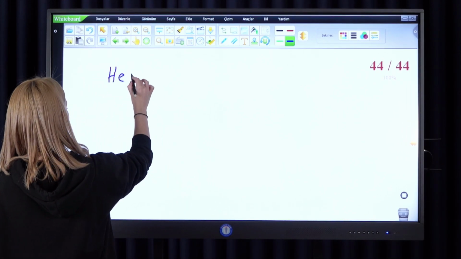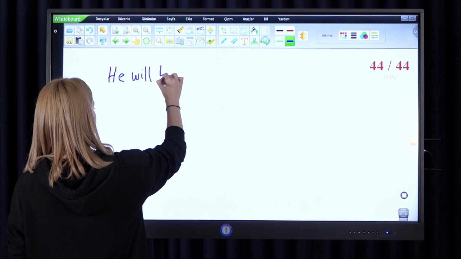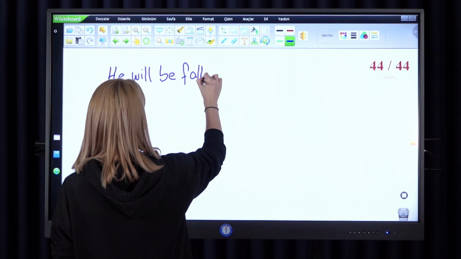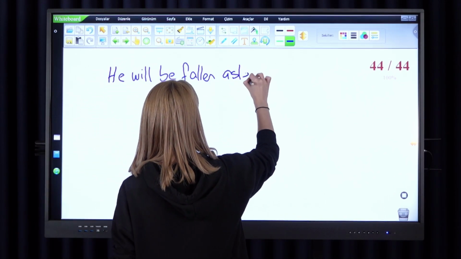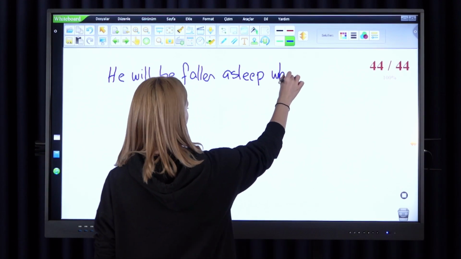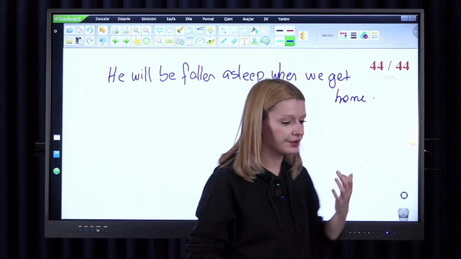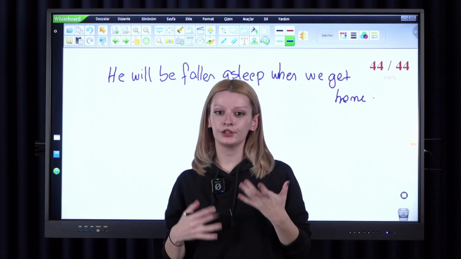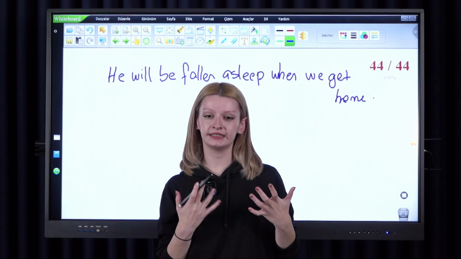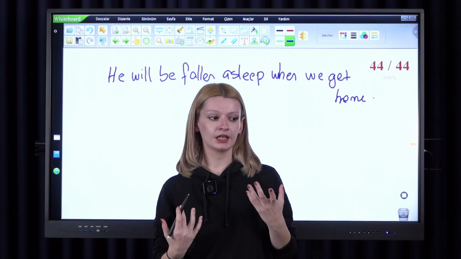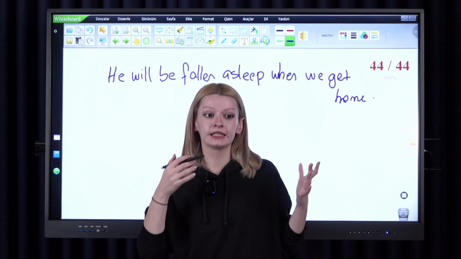He will have fallen asleep when we get home. Again, we see when. With future perfect tense, you will actually see a lot of when because it is a time limit.